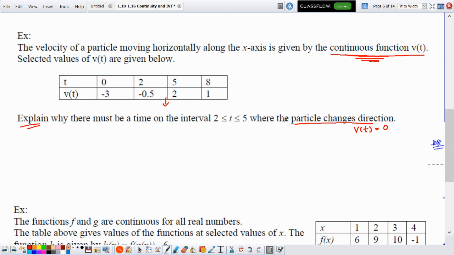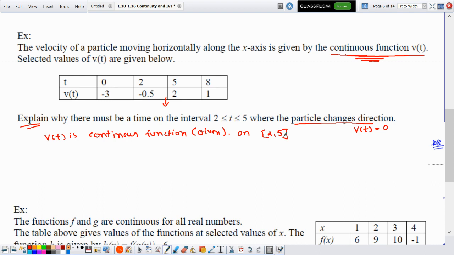It says apply, but how do we write it? So let's understand how to write. You have to say v of t is a continuous function. How do we know? It is given, on the interval 2 to 5.